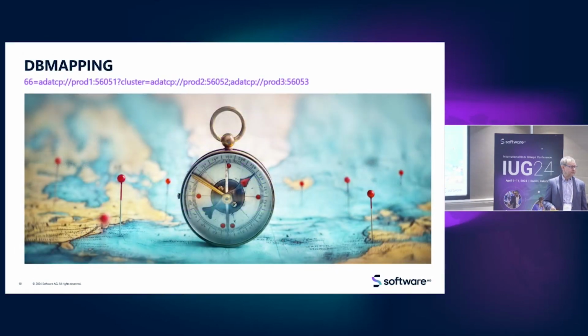So I said a little bit about DB mapping. How do we map the Natural application onto the cluster? We can do it in one of two ways. Just update the DB mapping with this logical DBID 66. My physical DBIDs can be the same ones, but in this example I've used 51, 52, and 53.